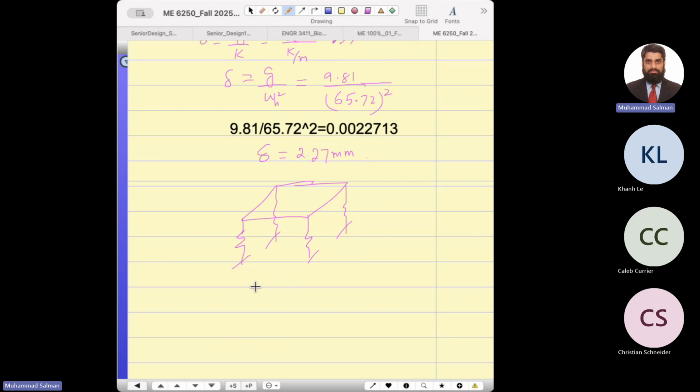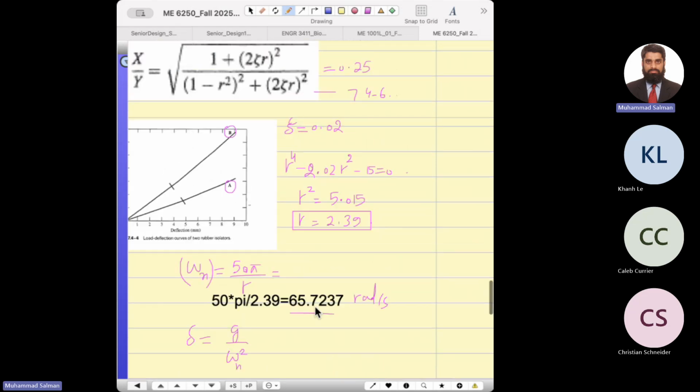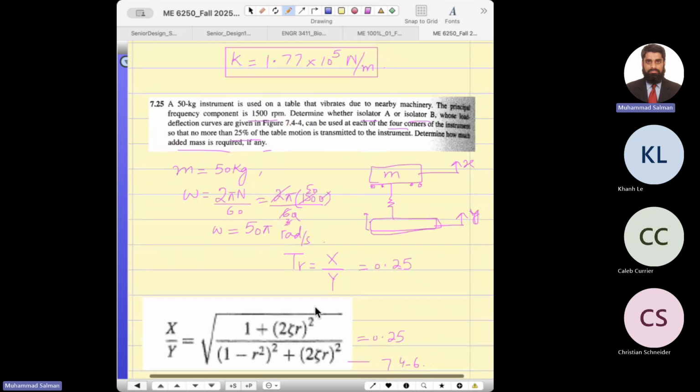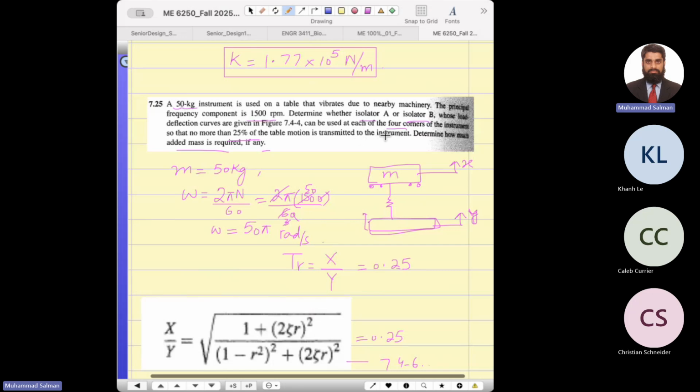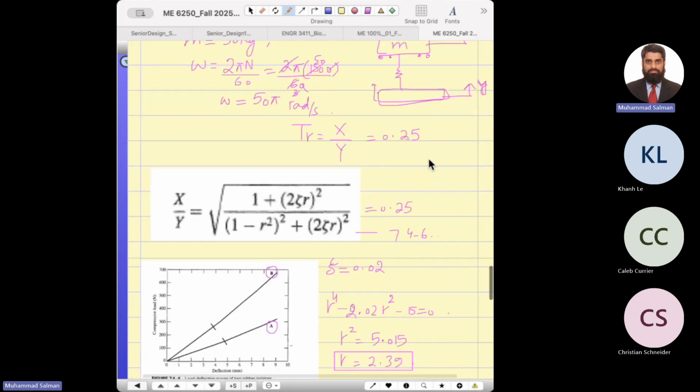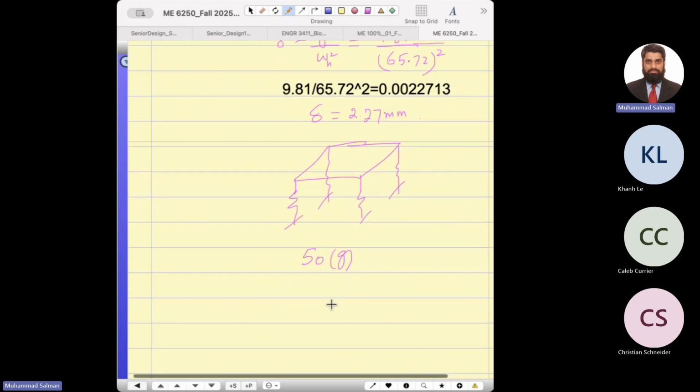So for each corner, 50 times g, where 50 is the mass, supported by the 4 corners of the instrument, 50 divided by 4 times g, which equals 122.6 Newton at each corner.